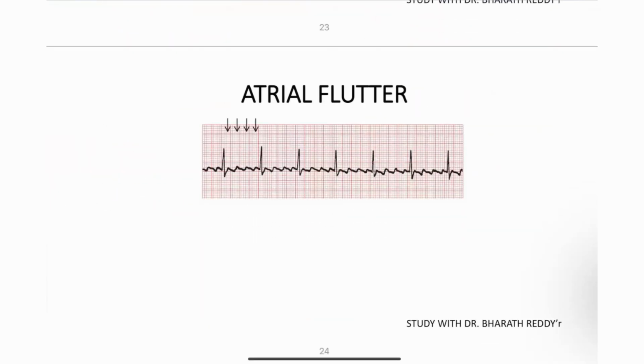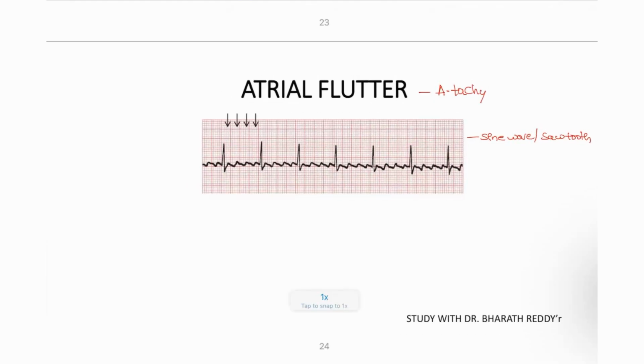Next, here you are going to see atrial flutter, and in atrial flutter you are going to see the sawtooth appearance, the sine wave pattern. This is how we are going to see it. This is an example of atrial tachycardia, right? And for this arrhythmia also, it is the same again.